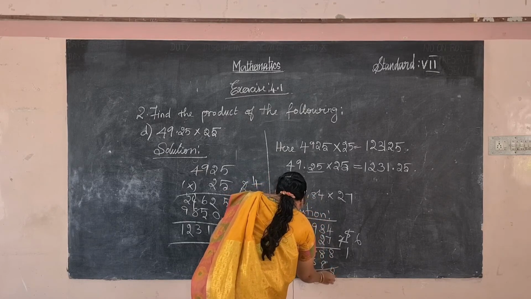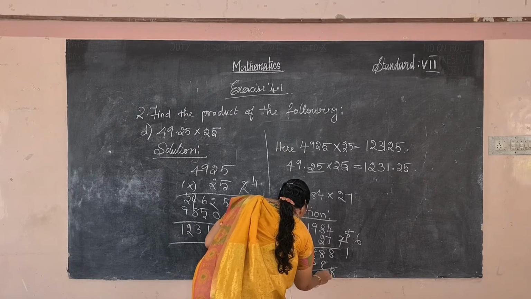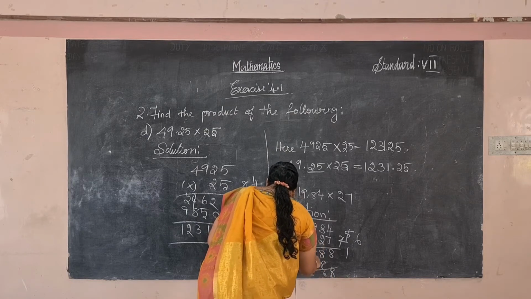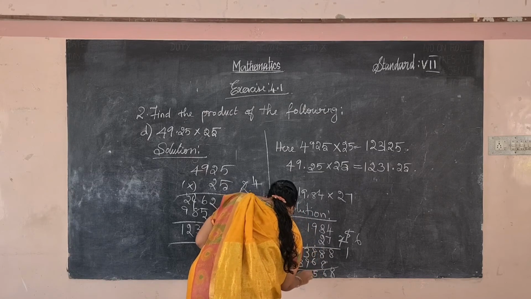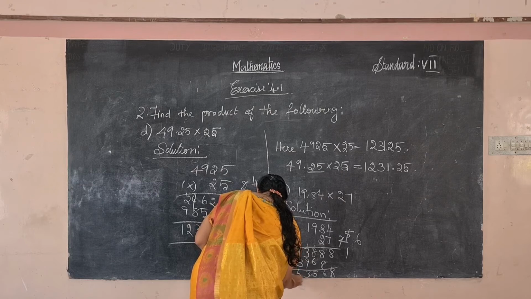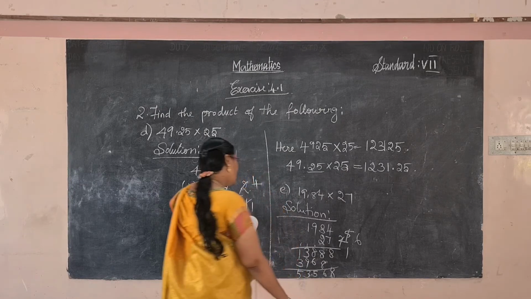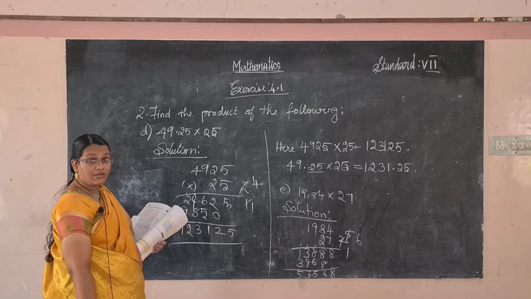So 8, 6, 6, 7 plus 8, 15, 13. So 53,568.